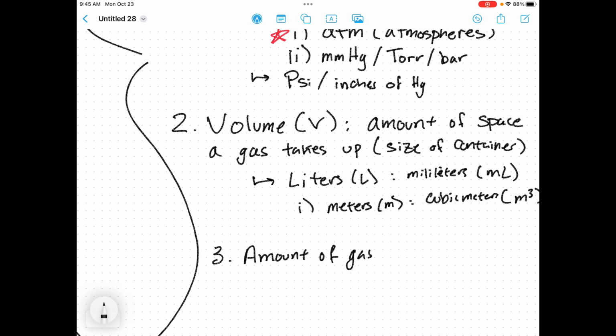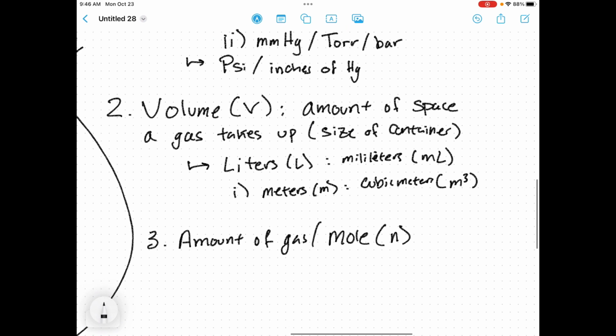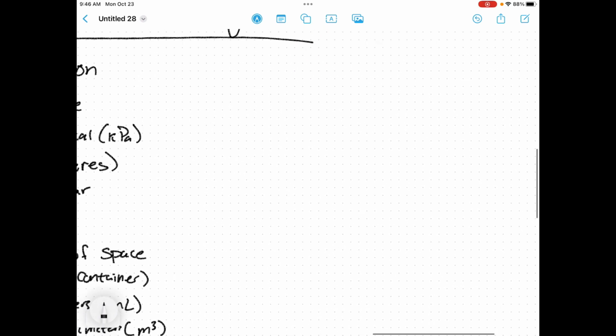So to talk about this, we're going to bring back that idea of the mole. We're going to use the letter N for that. Again, the idea of a mole is it's kind of like a dozen for atoms.